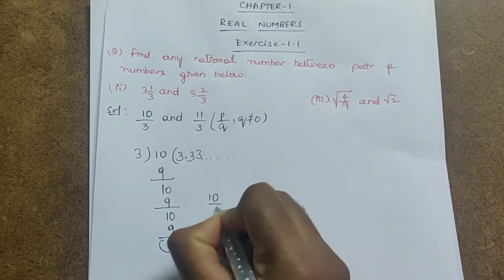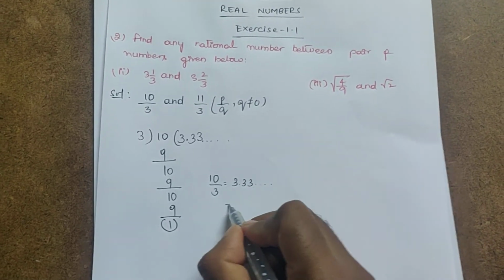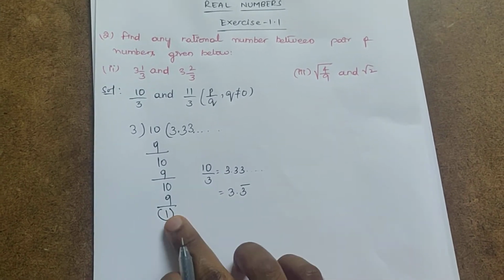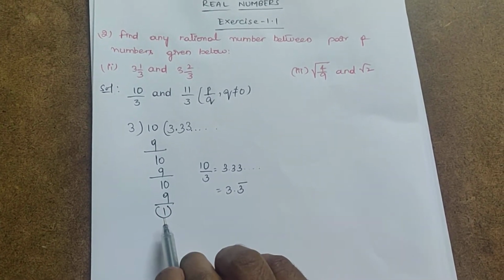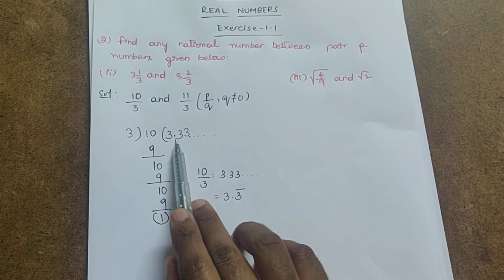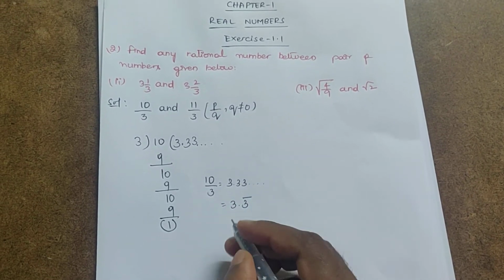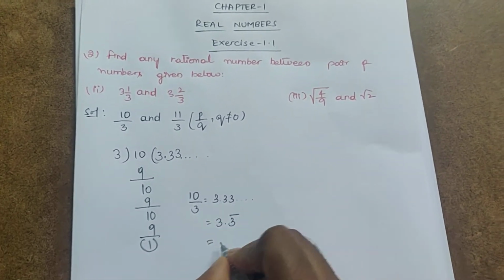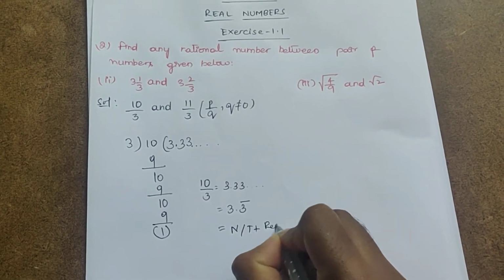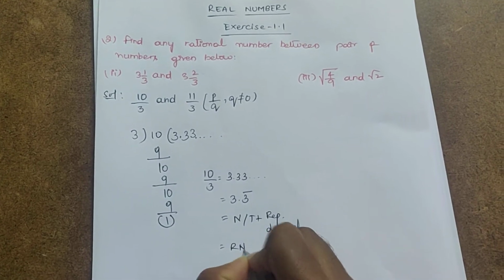So the answer for 10 by 3 is 3.3333, which you can write as 3.3 bar. Hence it is non-terminating because the remainder is not 0, and it is a repeating decimal because after the decimal point 3 keeps on repeating continuously. Hence 10 by 3 is a non-terminating and repeating decimal, so it is a rational number.